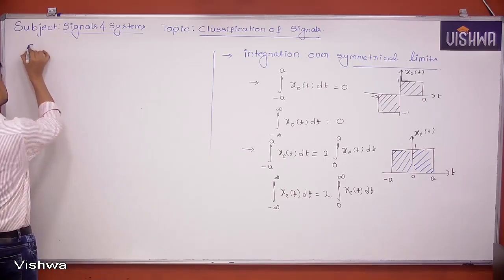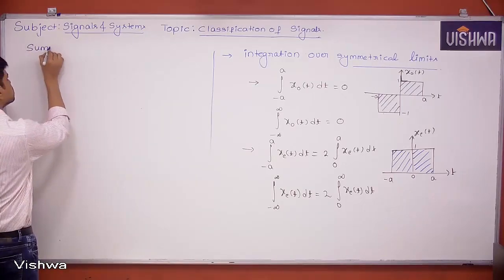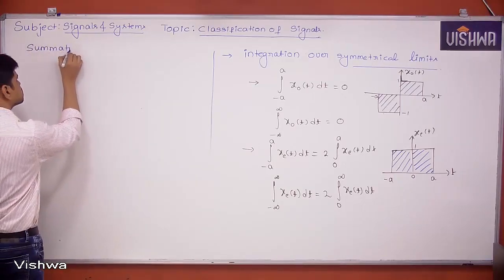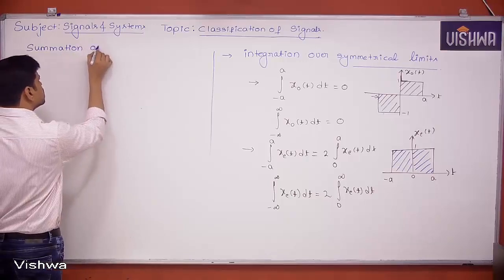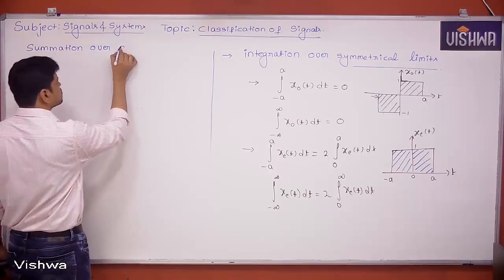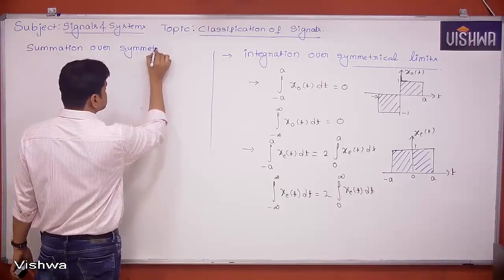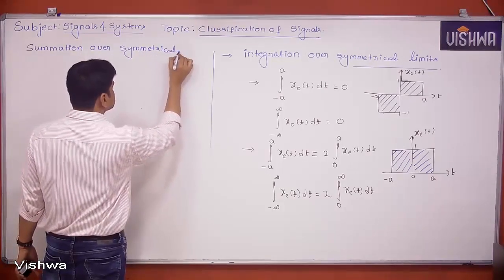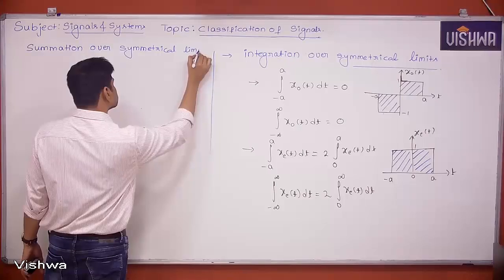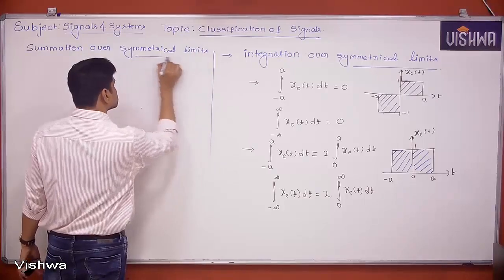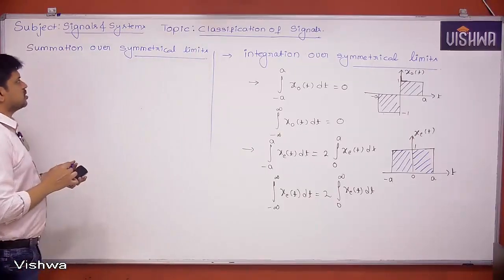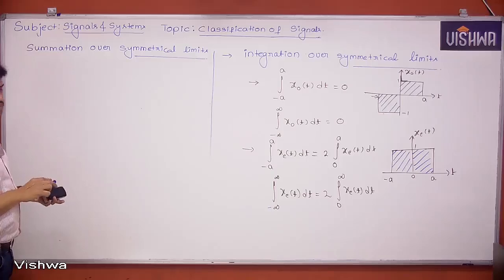Now we have to go with the summation over symmetrical limits. How can we do this?